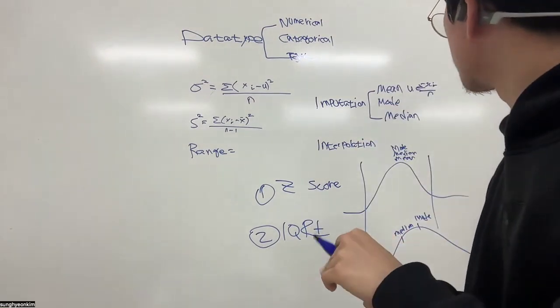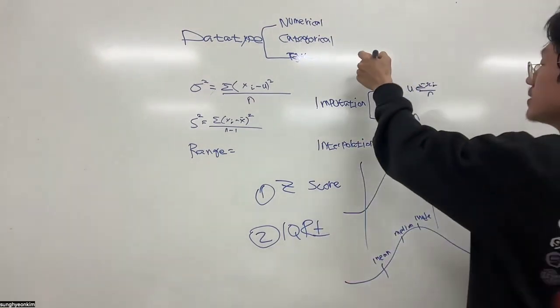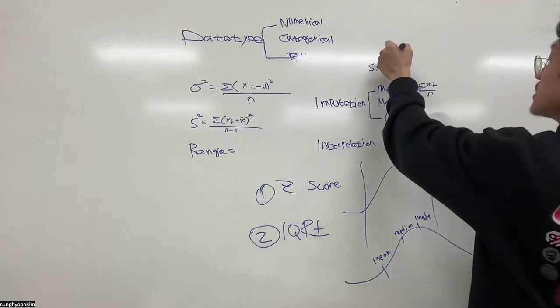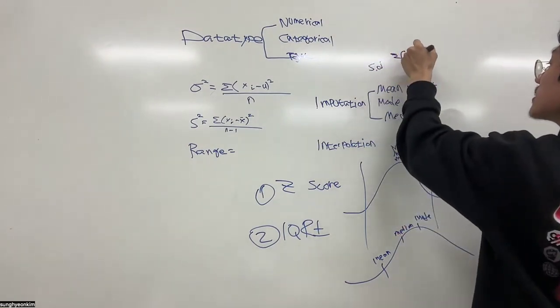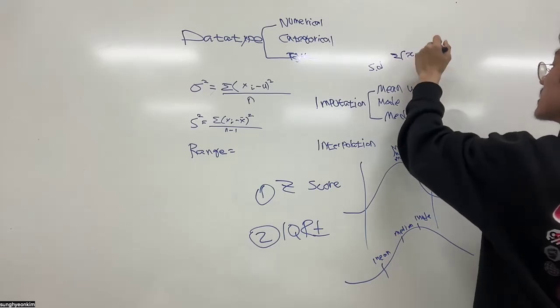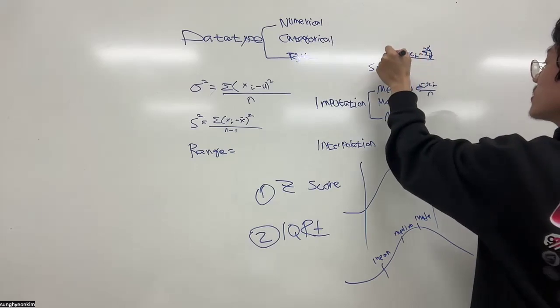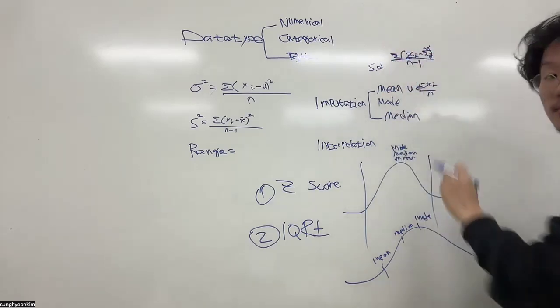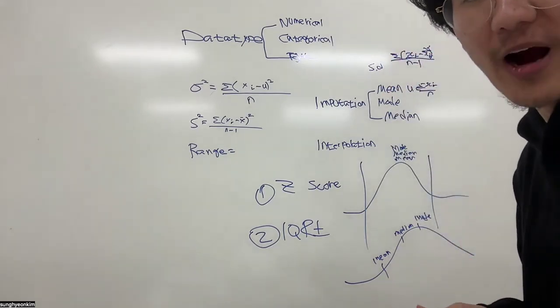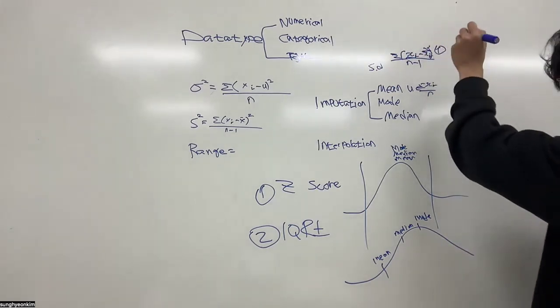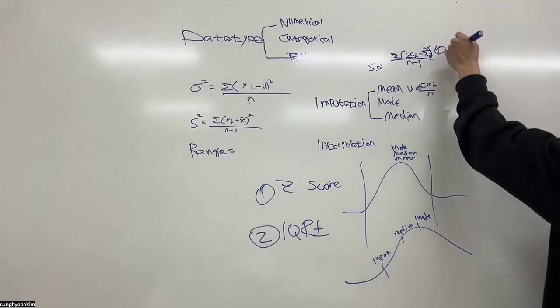And for sample standard deviation, we use the sum of x minus x bar squared over n minus 1. When we use n minus 1, the first reason is the degree of freedom.